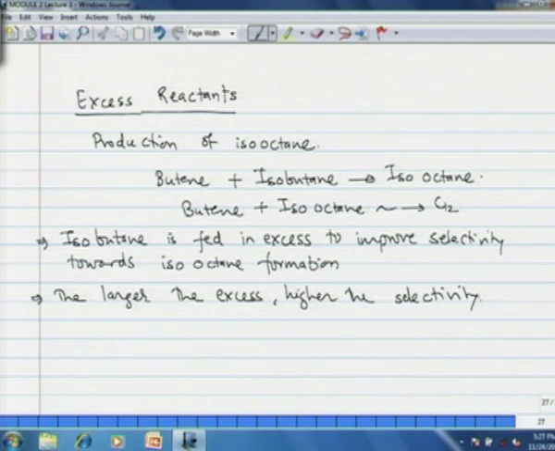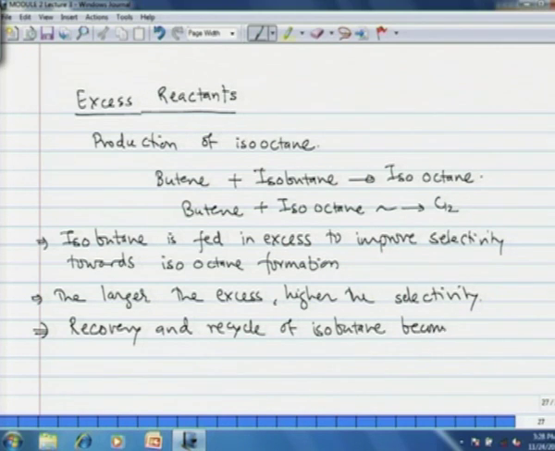If we feed high excess of isobutane, we have high isobutane left unconverted at the reactor exit, and recovery and recycle of isobutane becomes a cost expensive component. Therefore, while deciding excess of a particular reactant, we have to determine the optimum excess.